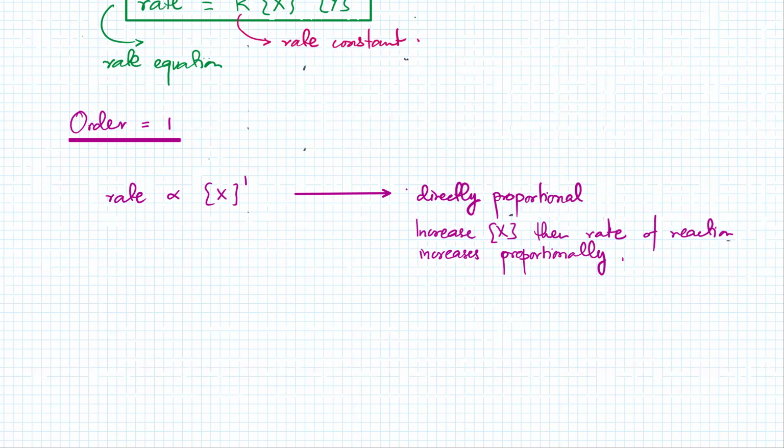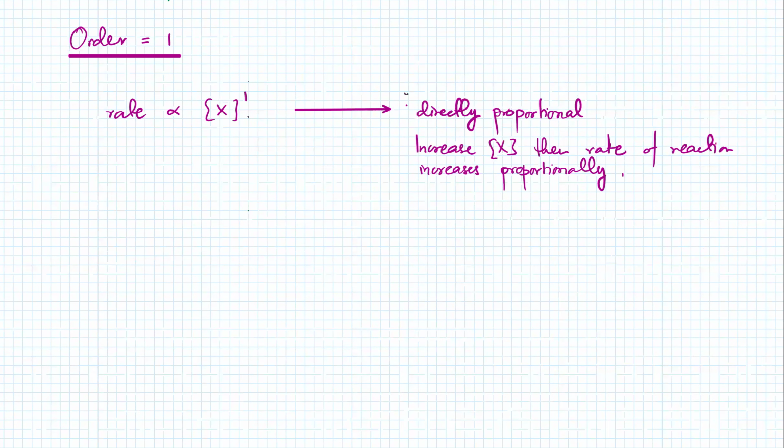So that's the first thing. Whenever I say order one, that means the rate is dependent on the reactant concentration, and the power is one. That means it's directly proportional.